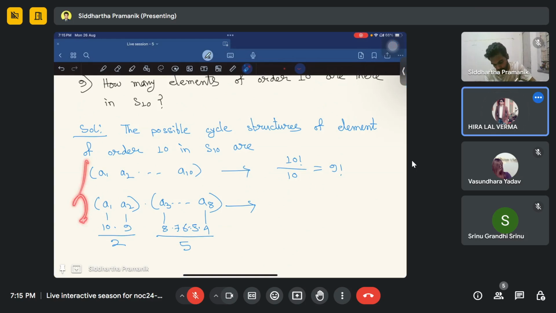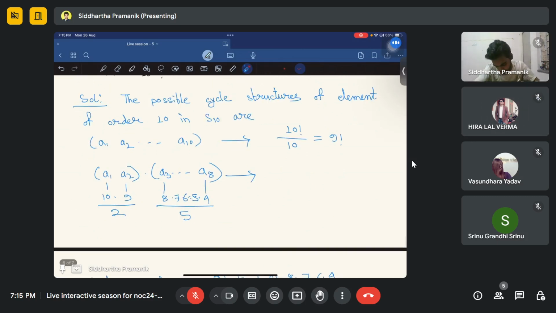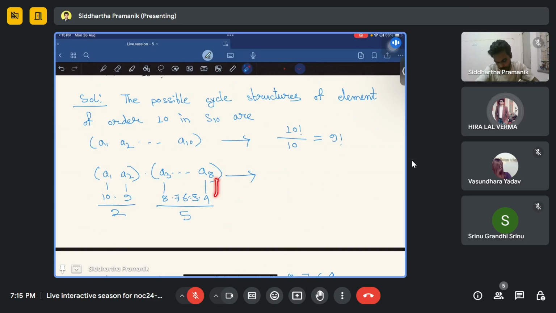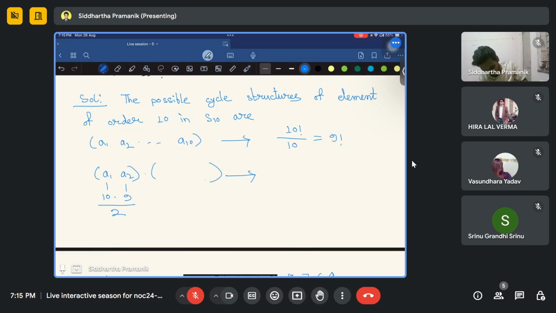Okay, let me write it clearly. So it is a 5 cycle. So A3, A4, A5. Oh, sorry, it should be A7.